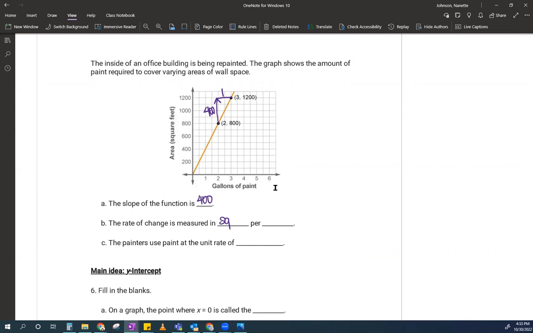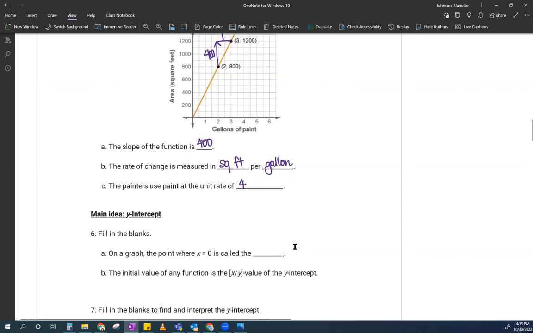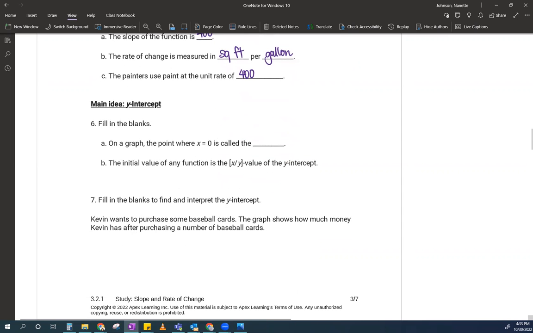And the painters use paint at the unit rate of 400 square feet per gallon. So what does that mean? For every 400 square feet, they have a gallon of paint and they need to use it. Does that make sense? You could see why that might help a painter understand how much paint it takes, because that's how much paint he needs to buy, right? So fill in the blanks.